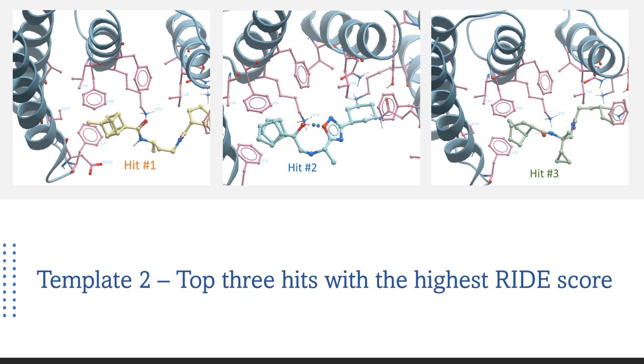Except for the different numbered position, these 3 hits form hydrophobic contacts with the CHIP TPR1 in a manner similar to that observed in the previous representative hits. One intermolecular H-bond interaction was found in hit 2, but no intermolecular H-bond interaction was observed in the others.